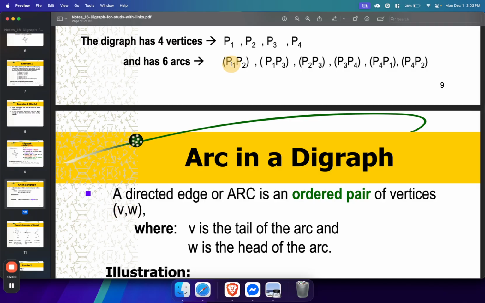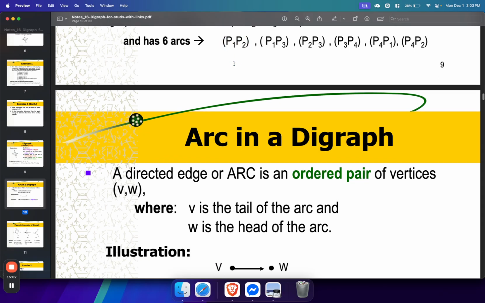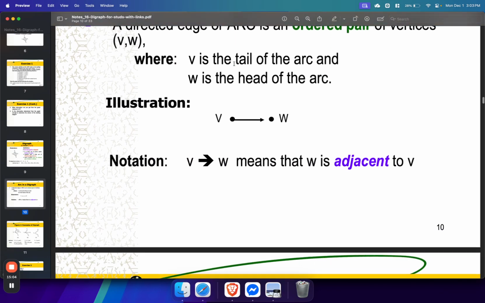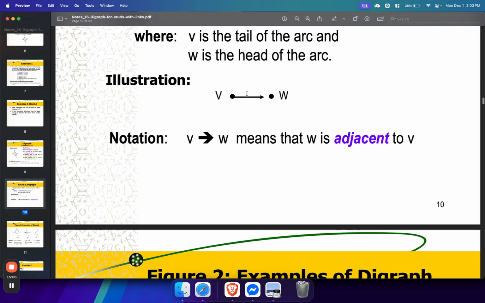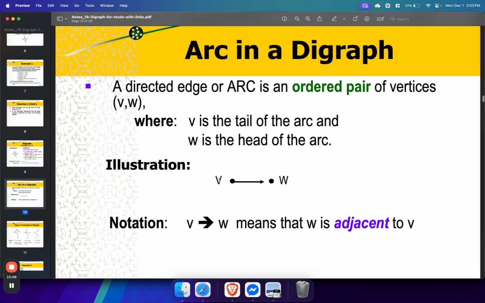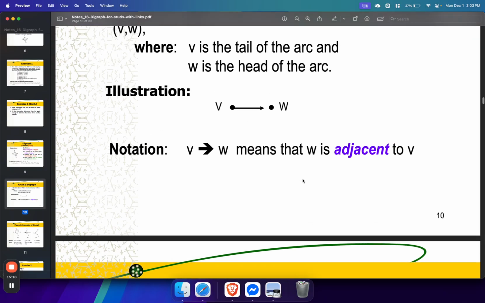It's just the same as this P1 and P2, where the V is always the tail and W is the head. So in the illustration, your V is where your arc originates from, and your W is where your arc points to, or where your arc ends. So the notation V points to W just means that W is adjacent to V.